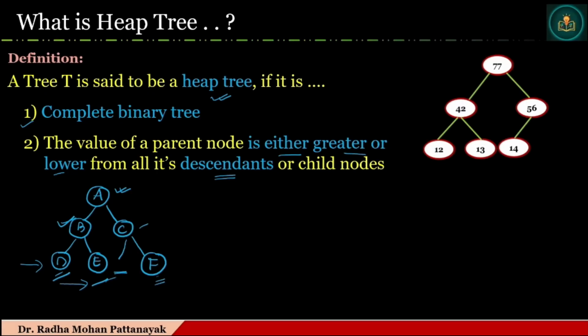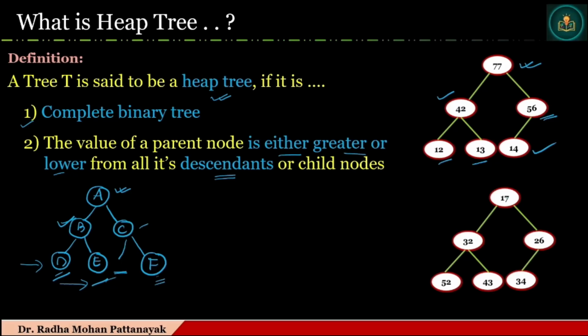So let's see one example. In this example, the value of 77 is higher than all its descendant nodes, right? Similarly, the value of 42 is greater than 12 and 13, and the value of 56 is greater than 14. So that's why in this heap tree, the value of a parent node is greater than all its descendant nodes, right? Similarly, in this figure, the value of parent 17 is smaller than 32, 26, 52, 43 as well as 34.